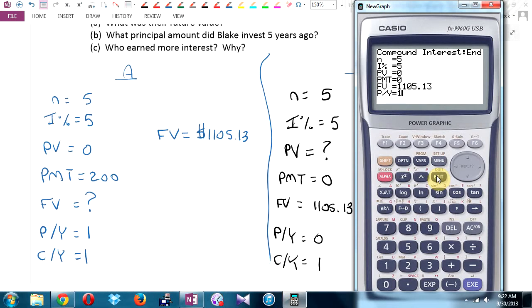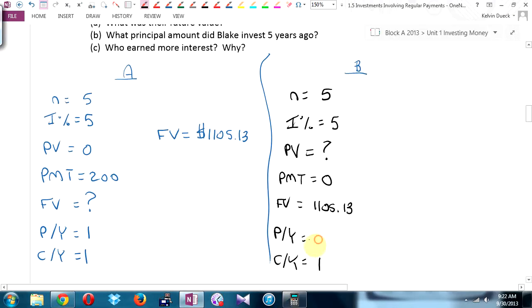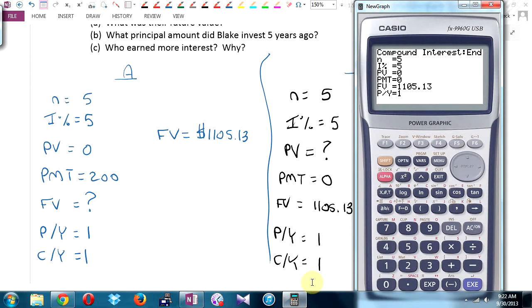Now I know. 1. Oh, because how much is he paying each year? What did we write for the payment? What does it say for PMT? Can you see it, Jake? 0. What's 1 payment per year times 0? Still 0.